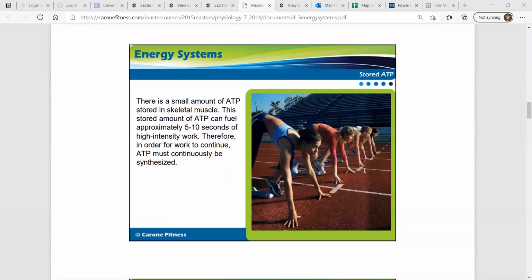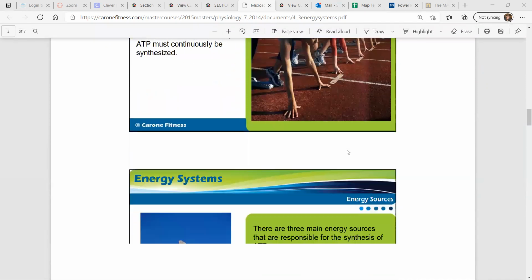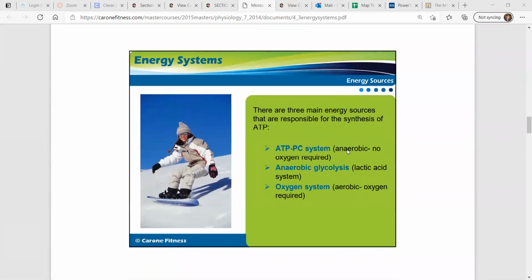There is a small amount of ATP stored in skeletal muscles. This stored amount of ATP can fuel approximately 5 to 10 seconds of high intensity work. Therefore, in order for work to continue, ATP must continuously be synthesized. There are three main energy sources responsible for the synthesis of ATP.